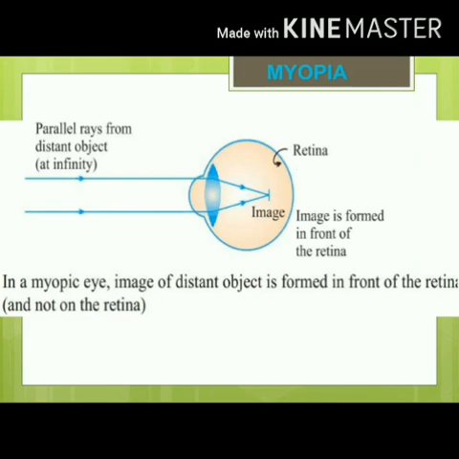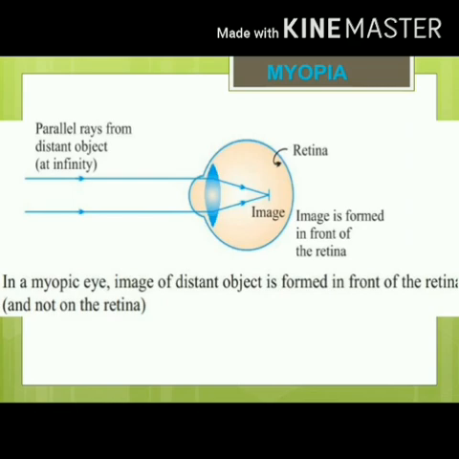So for myopia, incoming rays will be parallel rays from the distant object, and after refraction through the eye lens, those rays will not meet on the retina, they will meet before the retina, in front of the retina. So these two points are very important. The image is forming in front of the retina and the incoming rays are parallel rays.